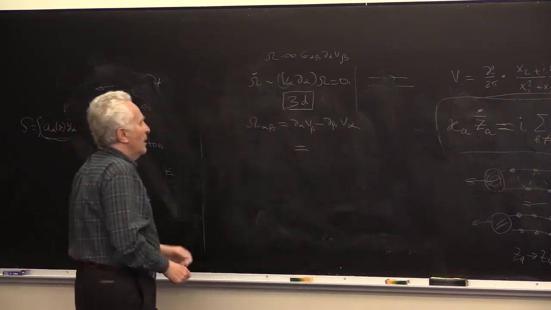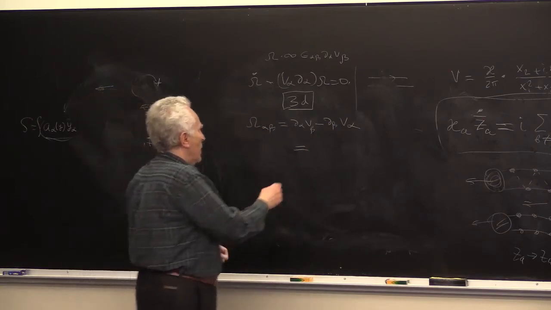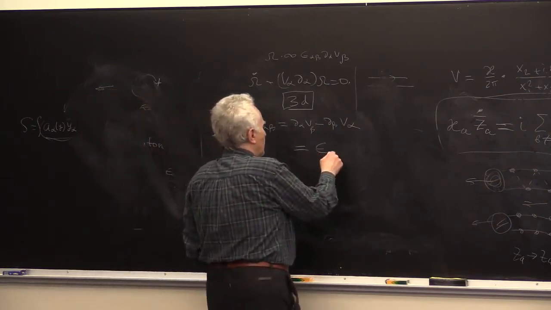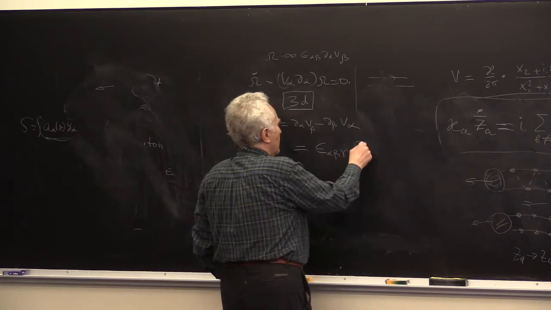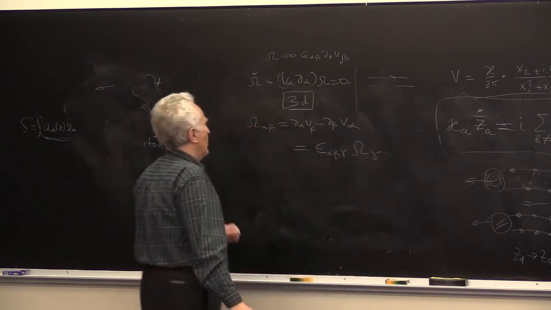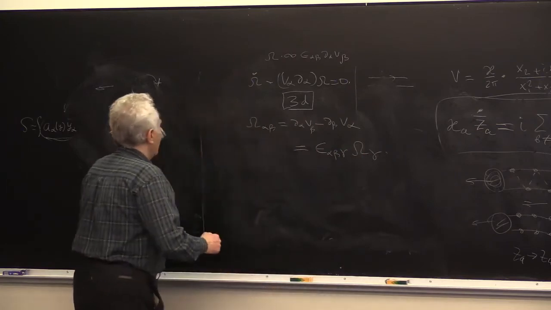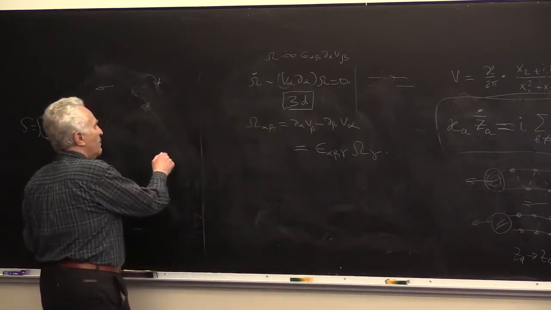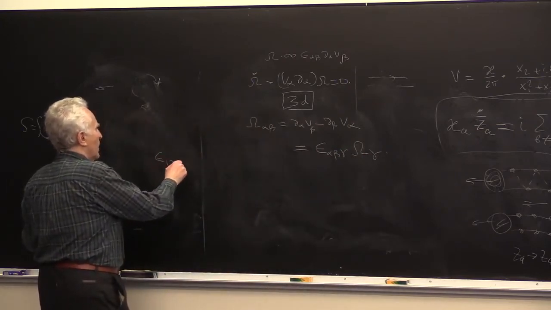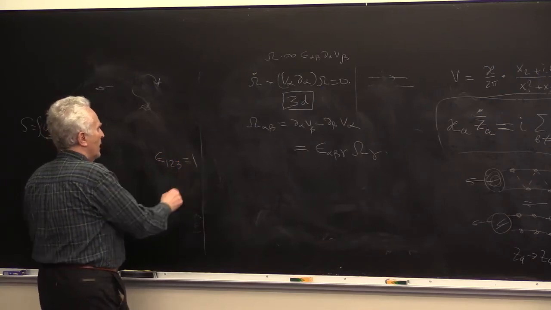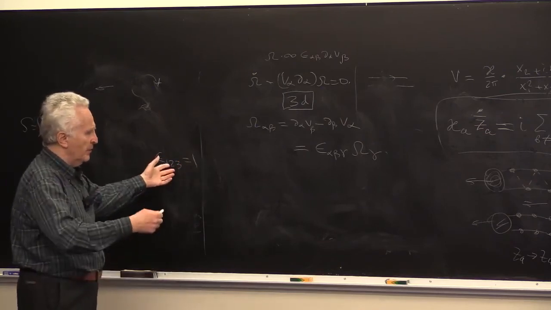Actually, in 3D you can write it down in this way, where once again the epsilon tensor, epsilon 1, 2, 3 is 1, and if the permutation is even, it's 1.